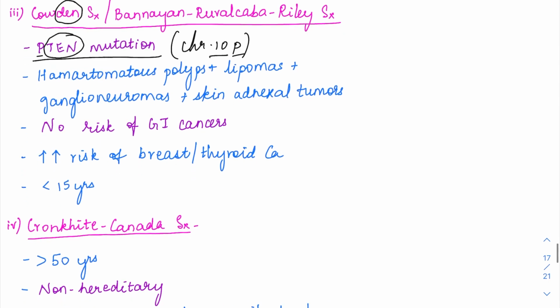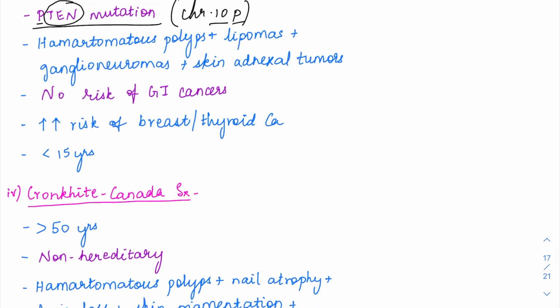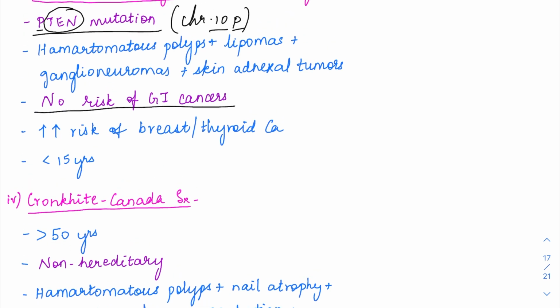So Cowden syndrome, PTEN mutation. Here we are going to have multiple hamartomatous polyps. Along with that, we will also have other skin and neck tumors, some ganglioneuromas and lipomas. As such, there is not going to be any risk of GI cancers. It doesn't have a risk for turning into GI malignancy, but it has a risk of developing other malignancies, like thyroid and breast usually.